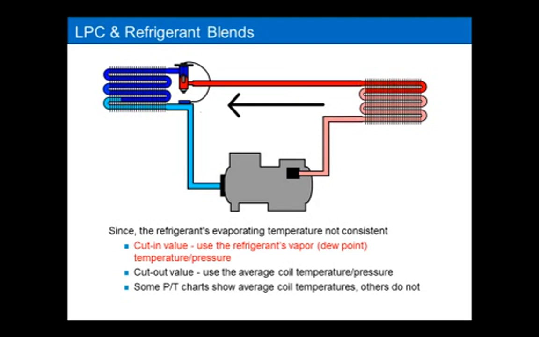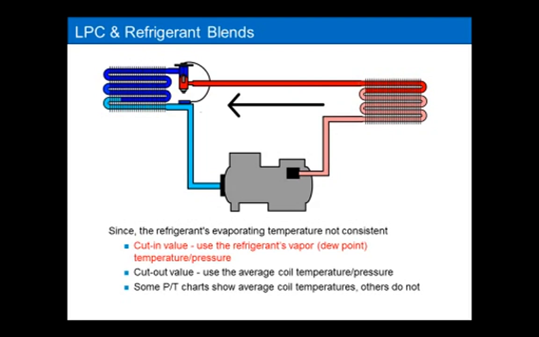The bubble point, if you look on a PT card, is when you have the majority liquid, 99.9999% liquid and a little bit of vapor maybe, just to make it a saturated state.